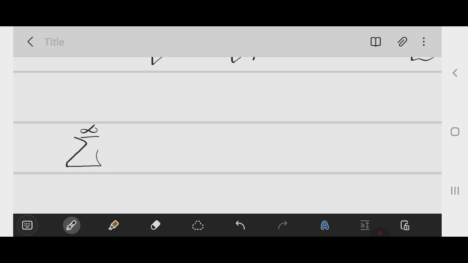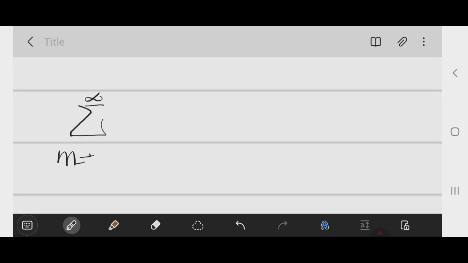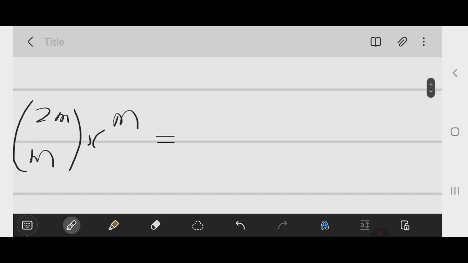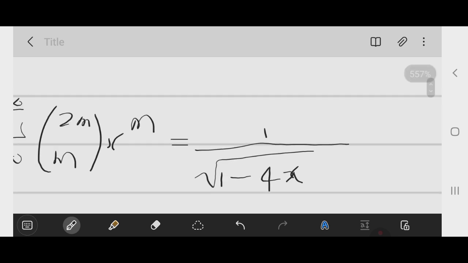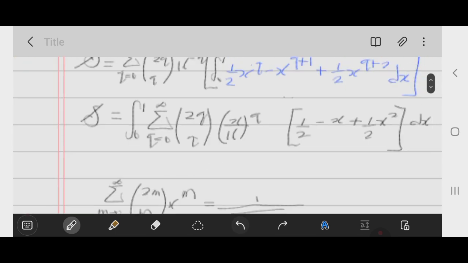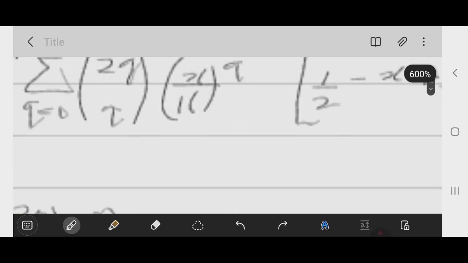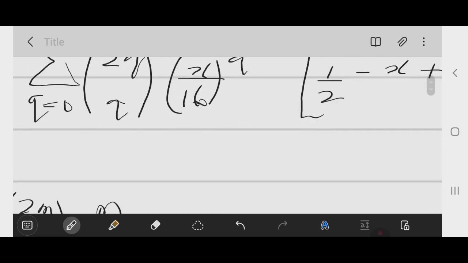Now note that the sum to infinity of m starting from 0 of a binomial 2m and m multiplying x to the power of m is equivalent to 1 over square root of 1 minus 4x. So in our case here, if we relate it with this, we find out that we have x over 16.